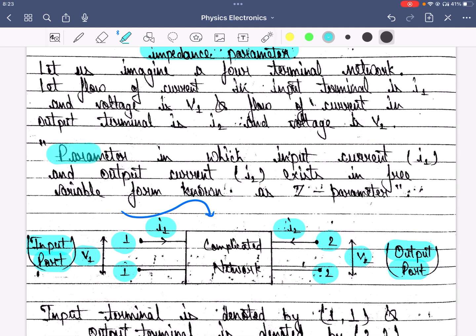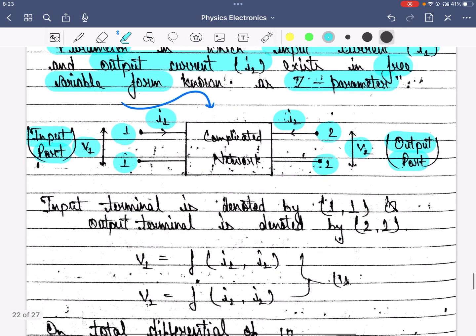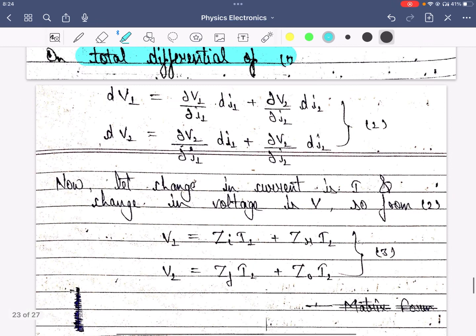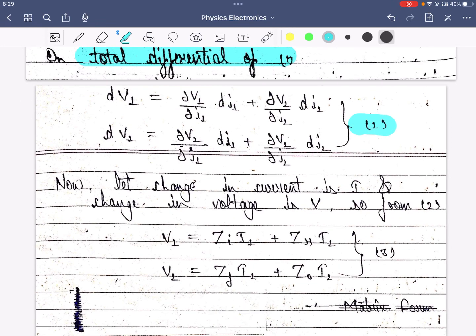Now, parameter in which input current I1 and output current I2 exist in free variable form are known as Z parameter. What that means is that V1 is equals to function of I1 comma I2 and V2 is equals to function of I1 comma I2. Here I1 and I2 are in the free variable form. On total differentiation of first, we get equation second.